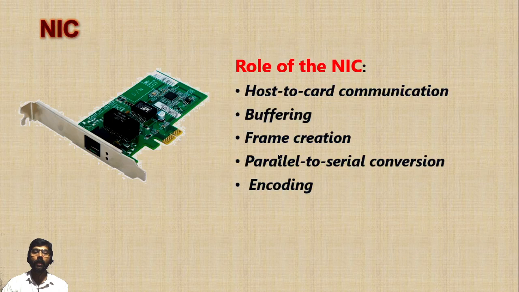But before transmitting the data, it has to convert it into a serial signal, because in the medium we are transmitting the data in the form of serial. That is the job of NIC, that is, to transmit the data bit by bit.